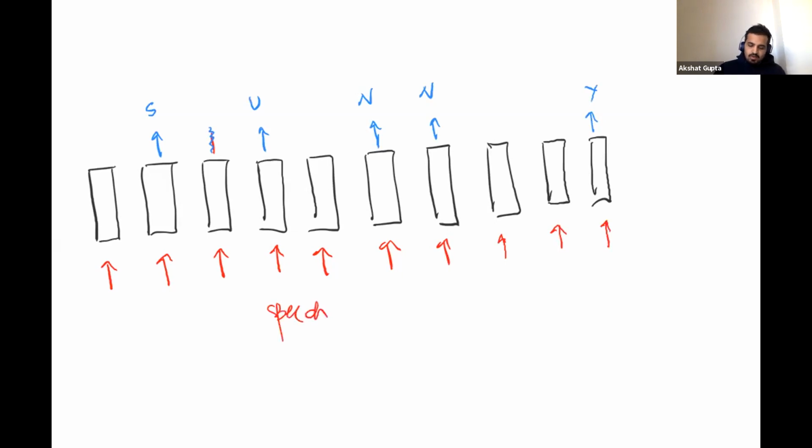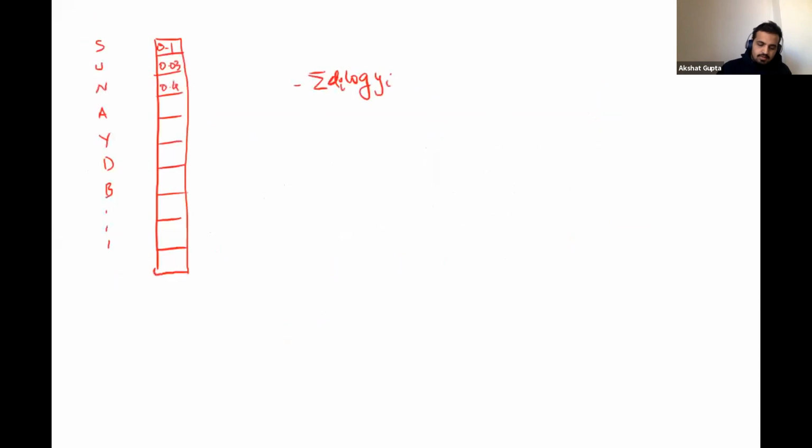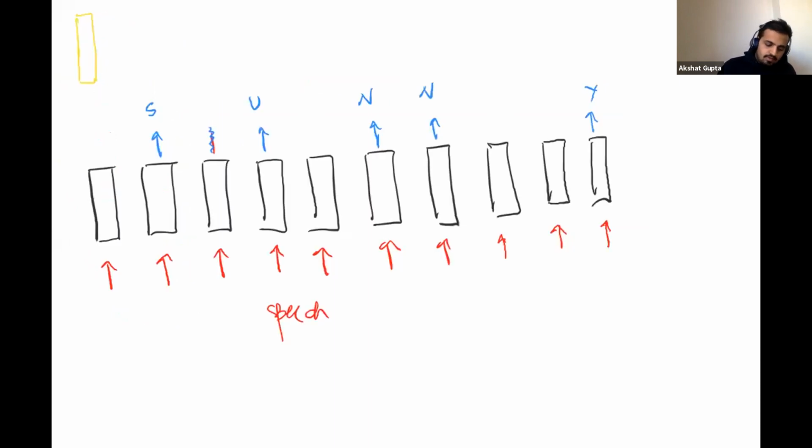The way we're doing this is we're generating outputs at every time step. We're generating a logit at every time step, as I showed over here. And so we have a softmax score for every letter in our vocabulary.